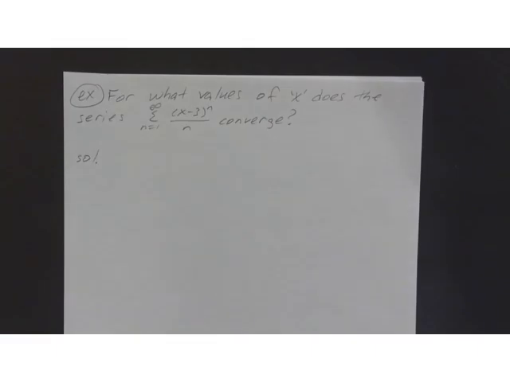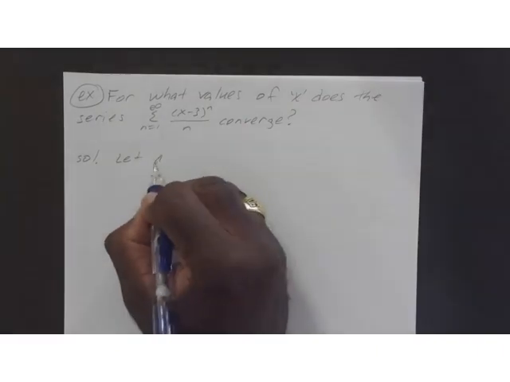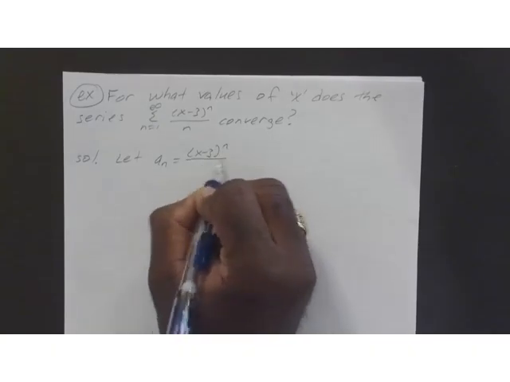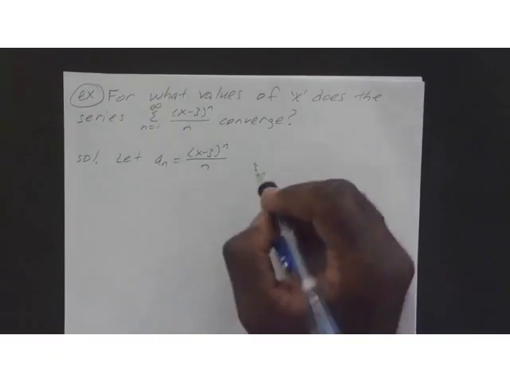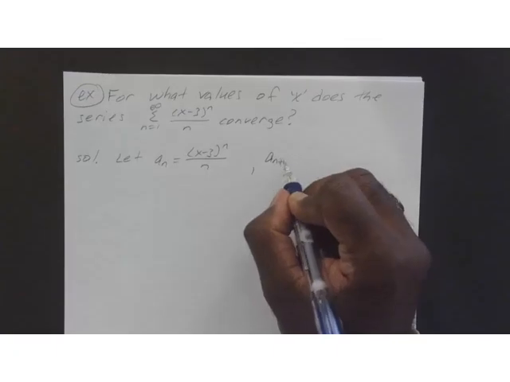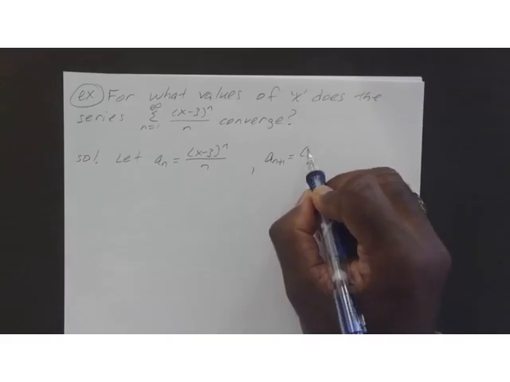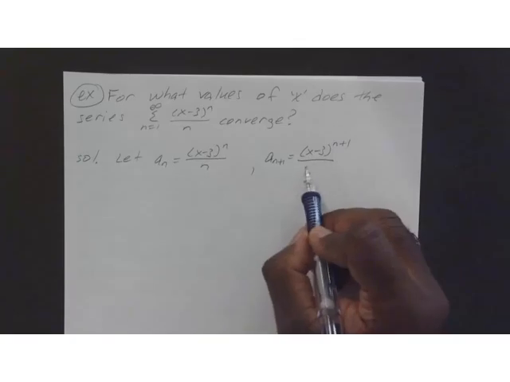Okay. So let's say if we decide to use the ratio test. So we're going to let our a sub n equal x minus 3 to the power of n divided by n. And we know that a sub n plus 1, that's just x minus 3 to the power of n plus 1 divided by n plus 1.